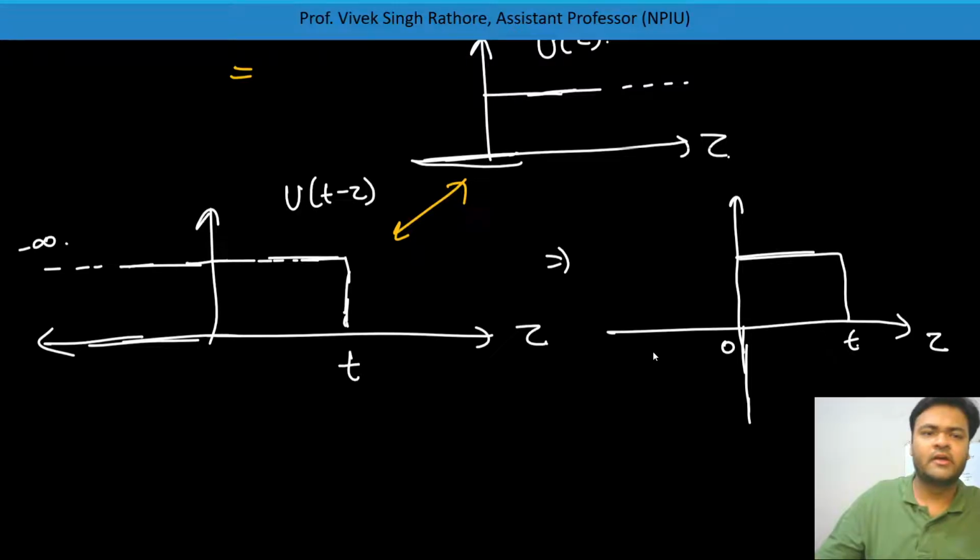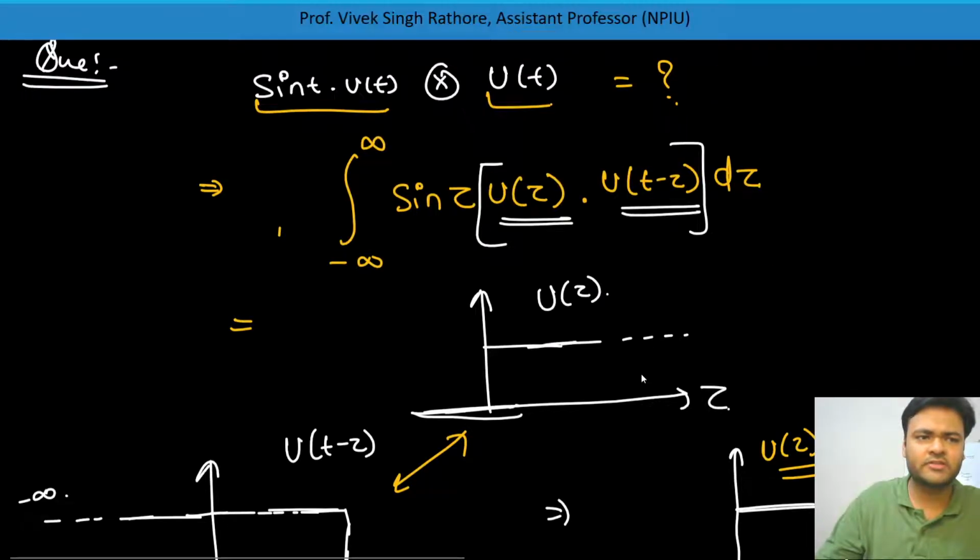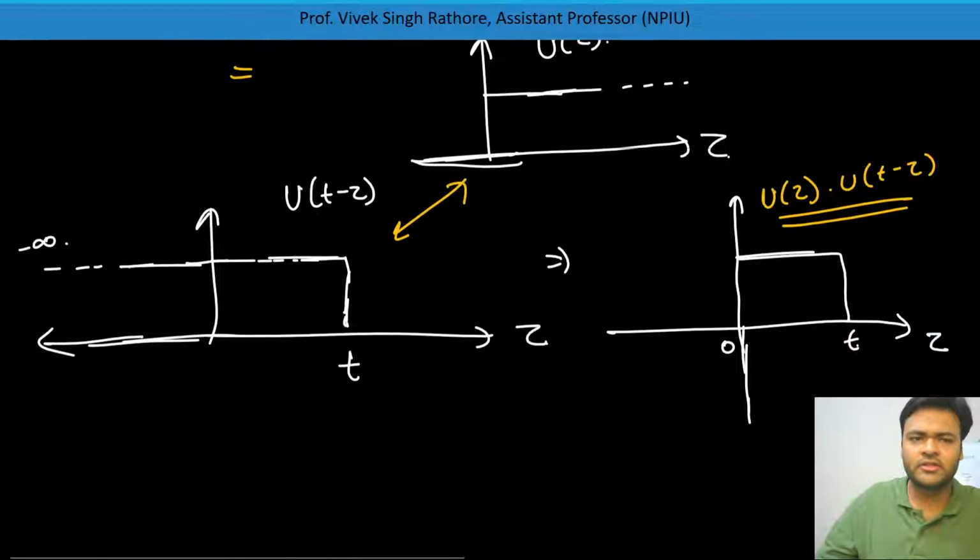So definitely you can understand that u(tau) into u(t minus tau) is a pulse signal over the range 0 to t. Any signal multiplied by this type of signal will exist only in this duration.